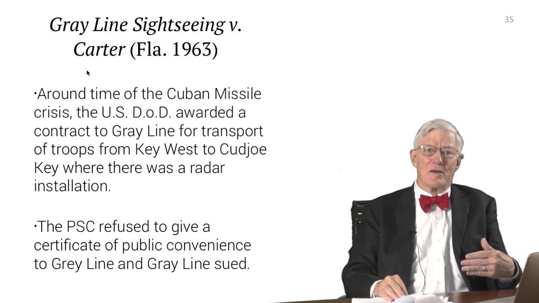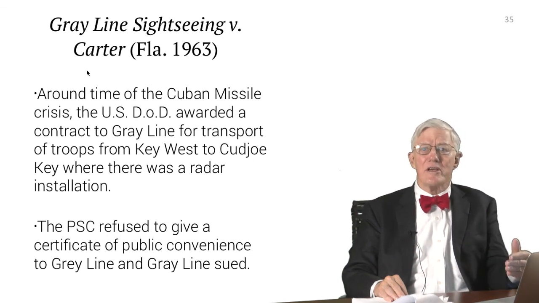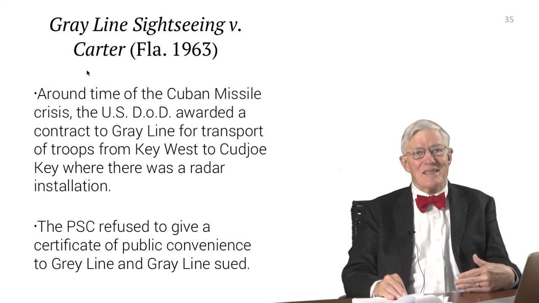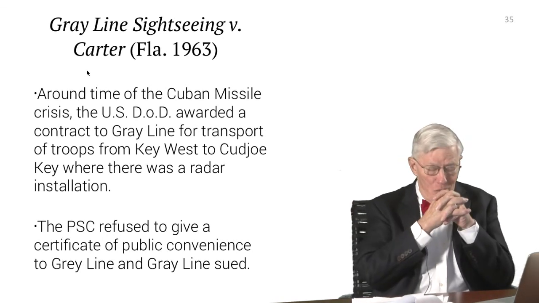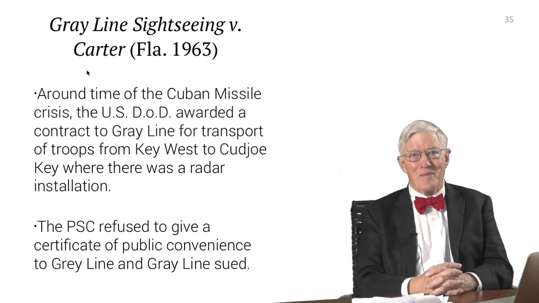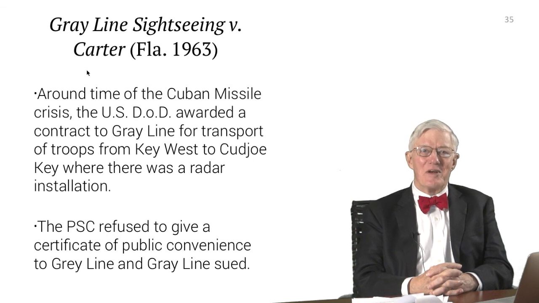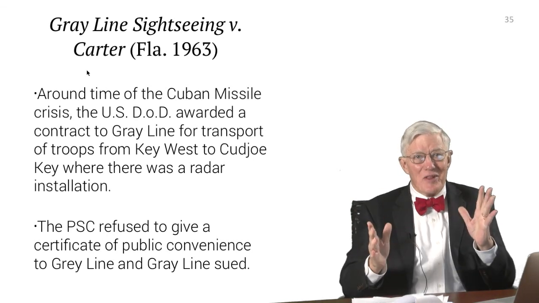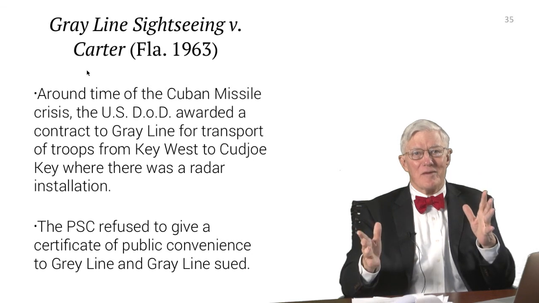and allowed companies to bid for the transportation contract to move troops from Key West to Cudjoe Key and back to Key West. And so Gray Line Sightseeing won that contract and began to transport troops from Key West to Cudjoe Key. They ran into the problem of the Florida Public Service Commission.